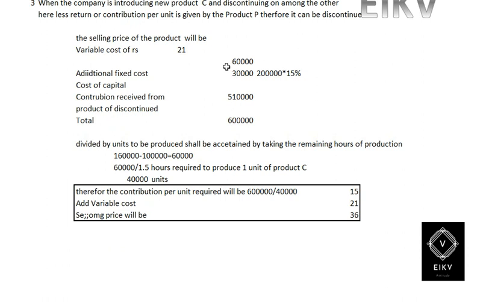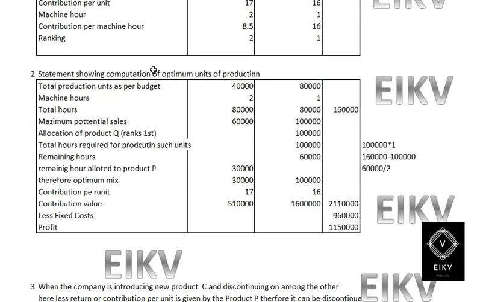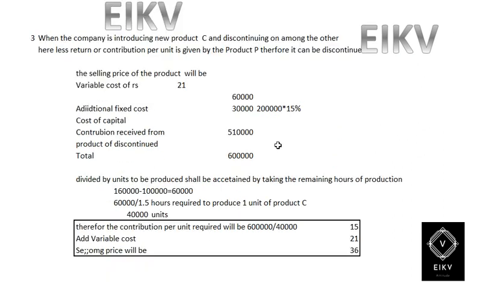and we have 60,000 hours. When we discontinue product P from the second optimum mix, we will get 60,000 as total hours.